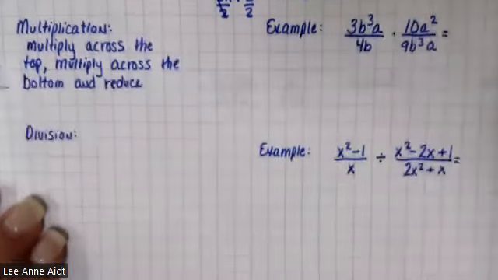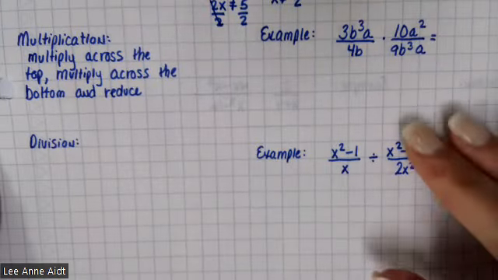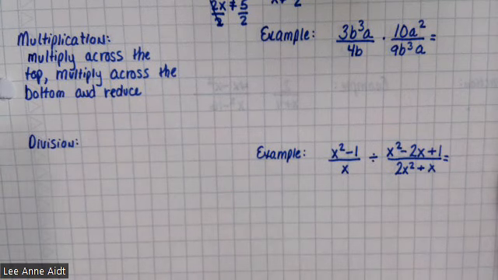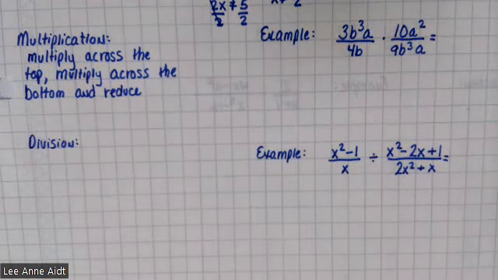Now, some people might remember that I taught you a way to reduce first and then multiply, which is technically not the 100% approved way to do this problem, but I'm going to do this problem the proper way because it's notes.